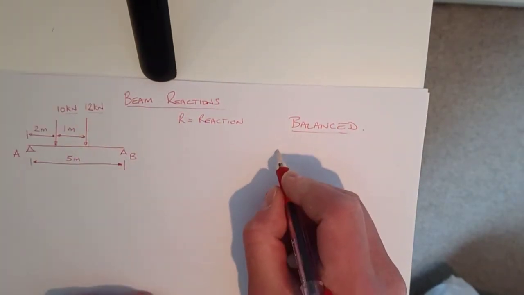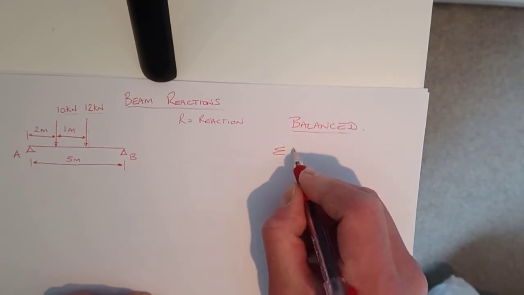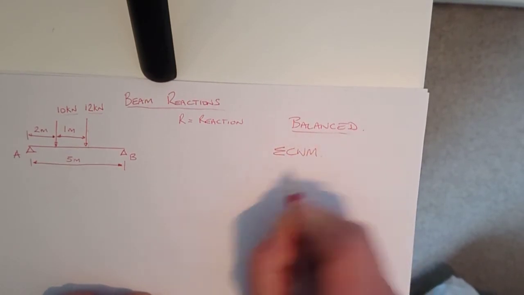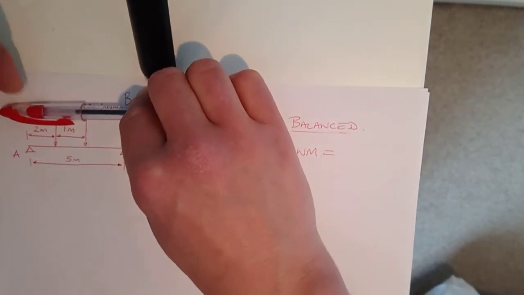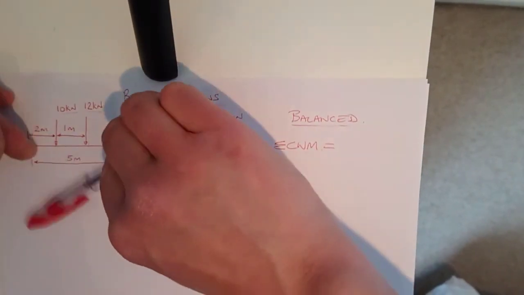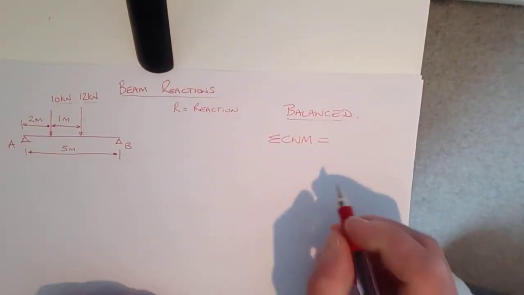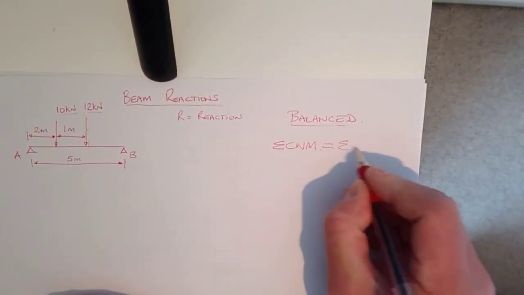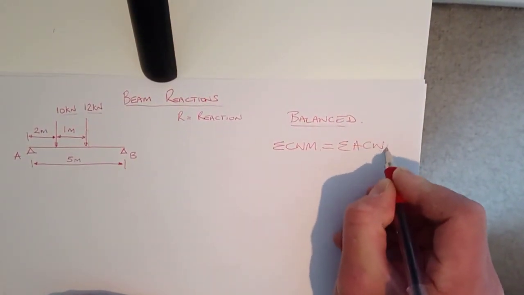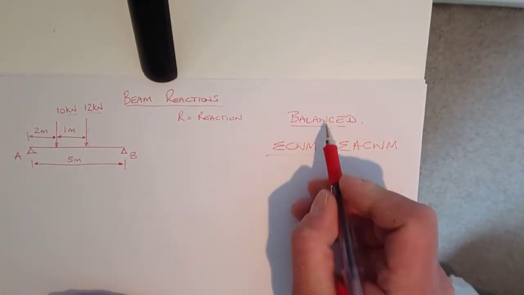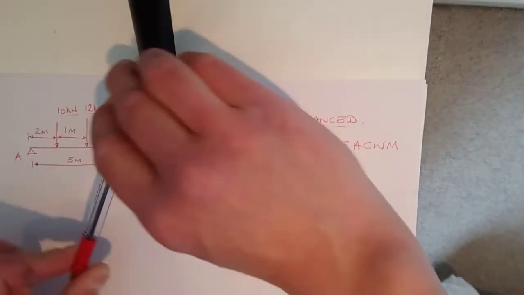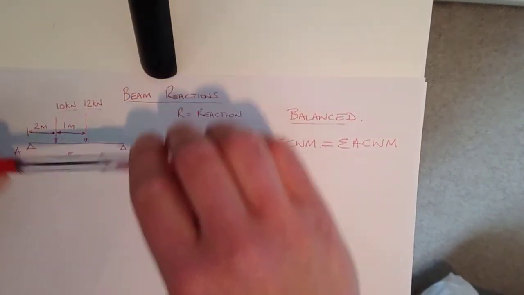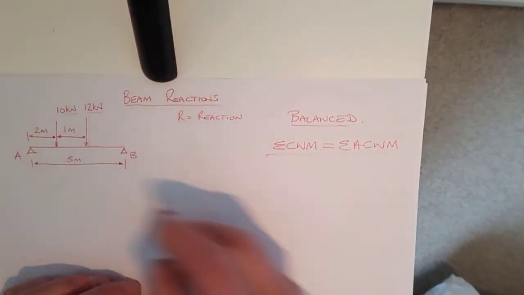So the sum of the clockwise moments is equal to, and the same here, if these were covered up and there was a force here, this beam would have a tendency to go in the anti-clockwise direction, so is equal to the sum of the anti-clockwise moments. So all we're saying is that it's balanced, that the moments going clockwise and anti-clockwise have balanced each other out.